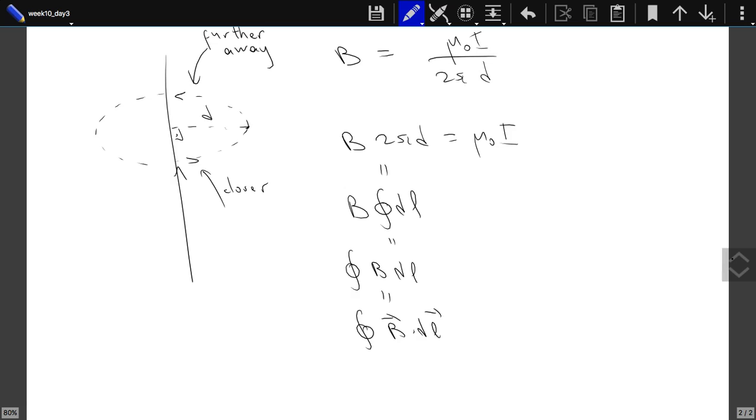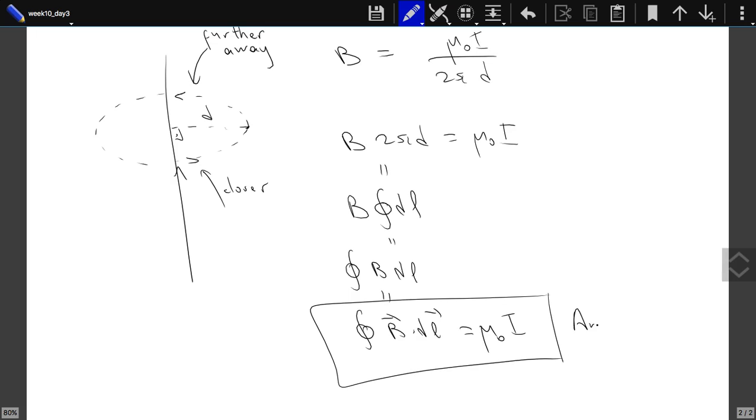So if I calculate the scalar product B dot dl, I get just the product of the magnitudes. The angle between them is 0, so cosine 0 is 1, which is equal to mu0 times I. But you see, I can also write I as the integral of some, well, let's keep it this way for the time being. This is my Ampere's law.